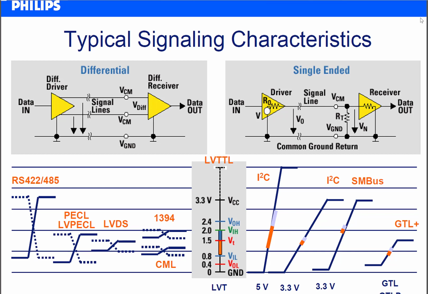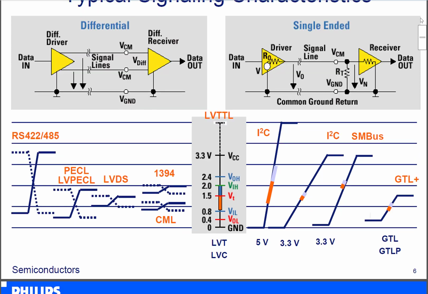Differential is more common over long distances and in environments that might be subjected to large electrical or electromagnetic noise. CAN bus, for example, is another differential signal commonly used in automotive or industrial environments, which are very electrically noisy, and therefore differential signal is necessary. I2C, which stands for inter-integrated circuit, is meant to communicate between chips on the circuit board level, not over long distances, and for that application single-ended is fine.